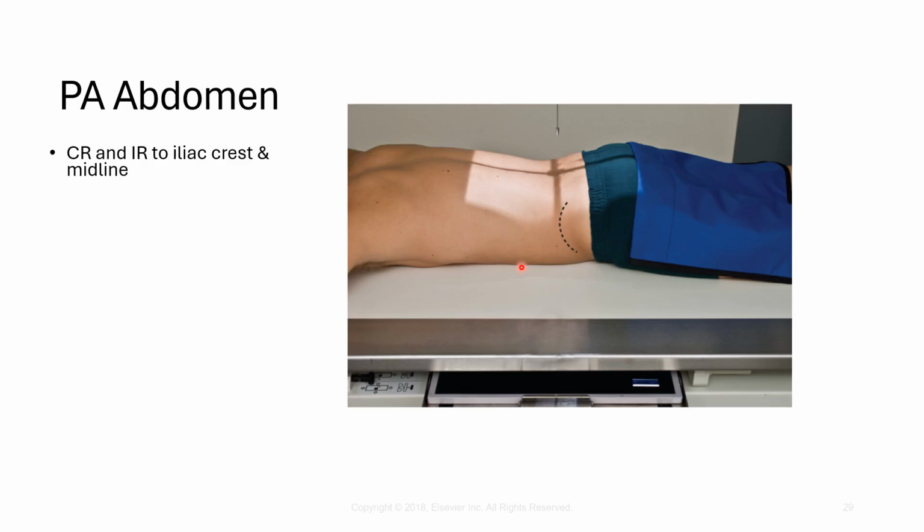The technical factors are still a 40-inch SID, still 1 IR they recommend placed portrait. Technique would be the same, and then the positioning is the same as well. You're at iliac crest and midline, taken on expiration, and this does not require diaphragm.